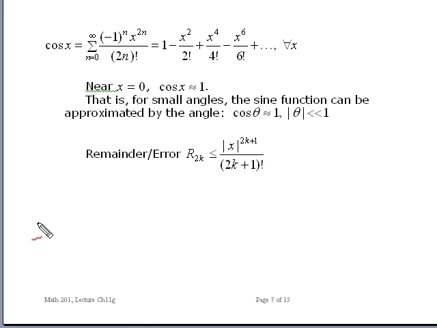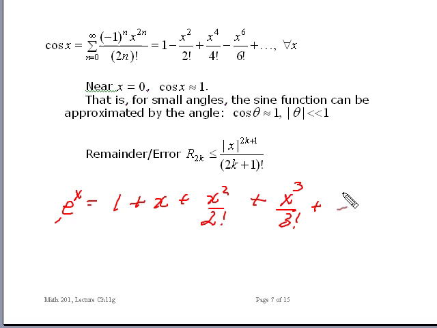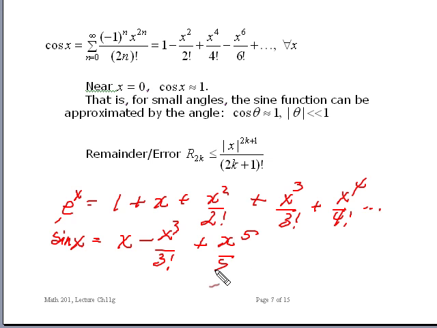And now let's look at the cosine of x. Remember again, the expansion for e to the x was 1 plus x plus x squared over 2 factorial plus x cubed over 3 factorial plus, let's give you one more, x to the fourth over 4 factorial, etc. The sine of x was x minus x cubed over 3 factorial plus x to the fifth over 5 factorial.